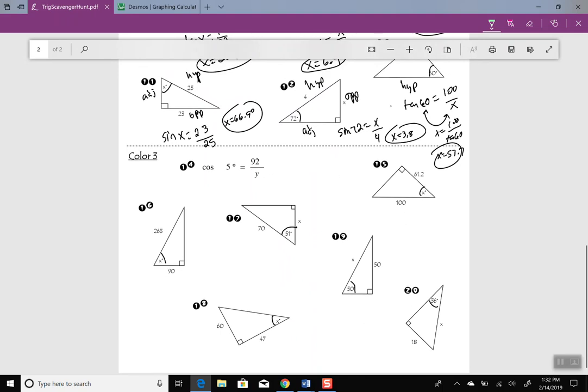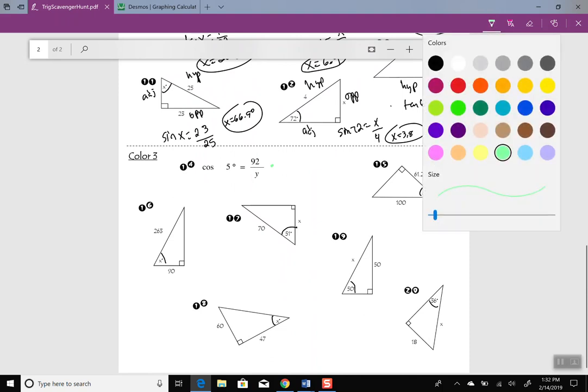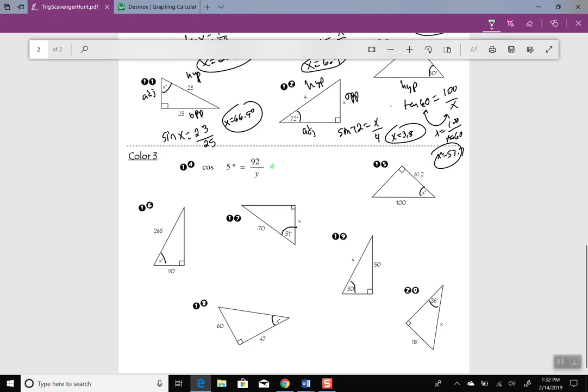Last color. So this one again, I'll kind of show it. This is how we would solve number 13, 15 from the previous one. Multiply by y on both sides. So I get y times the cosine of 5 degrees equals 92. And then you would divide by cosine of 5 degrees.